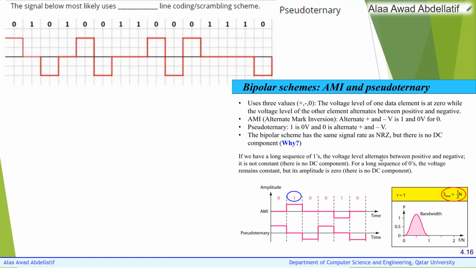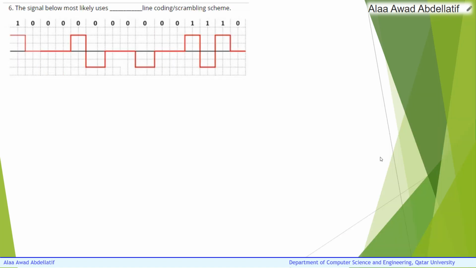Which takes a fixed value, and which makes inversion. So in pseudoternary, one equals zero all the time, and zero makes inversion. Signal blue most likely uses which line coding technique or scrambling technique?